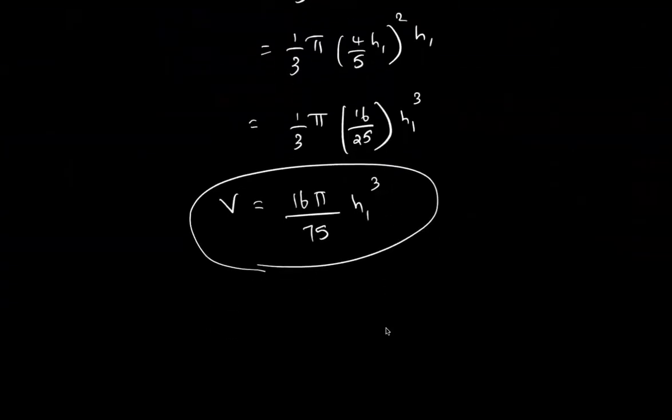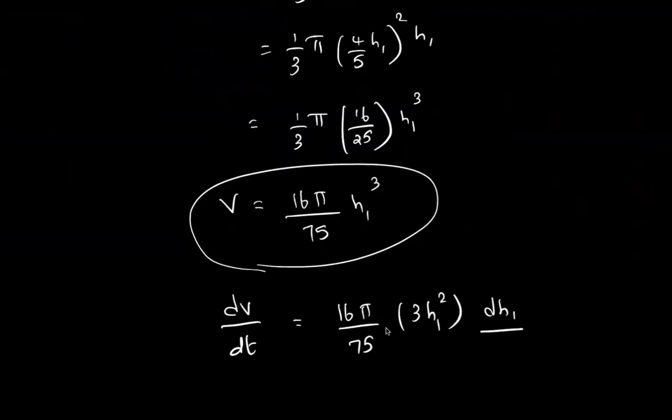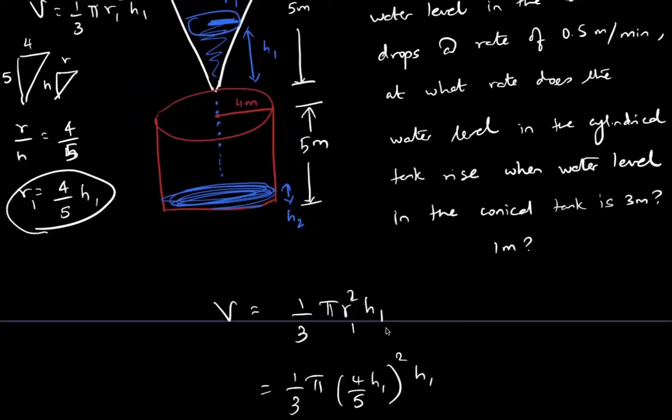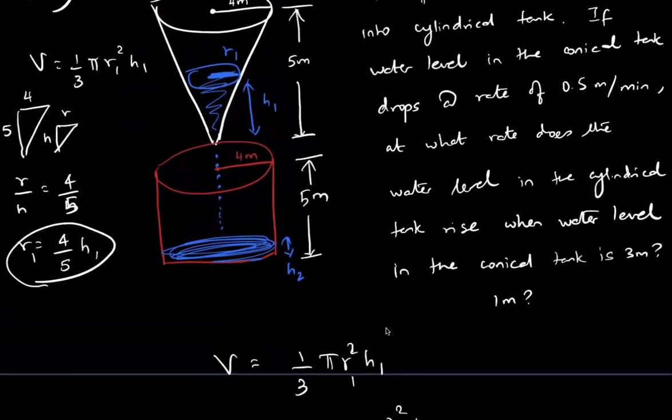Now I differentiate this, and dV/dt is 16 pi over 75 times 3 H1 squared dH1/dt. Now the instant in question is dH/dt given to be 0.5.